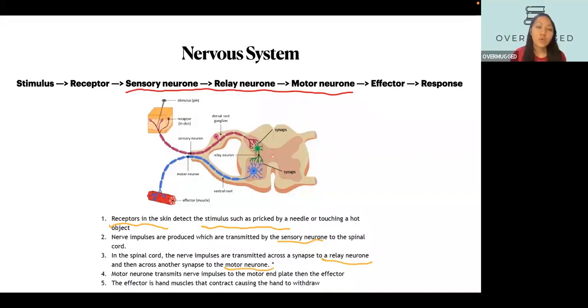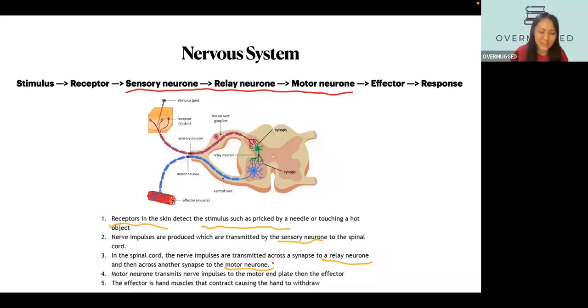So you realize it doesn't matter whatever stimulus they give you. In application questions, they can give you a stimulus that you've never heard before. I think I've seen a question about a fetus in the mother's womb that moves when it hears loud sounds.